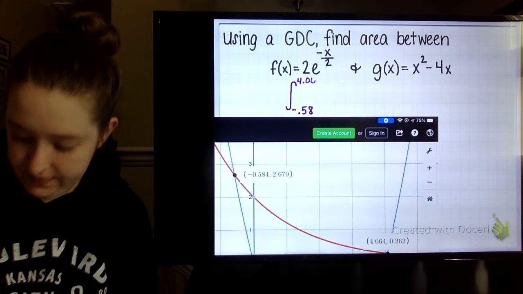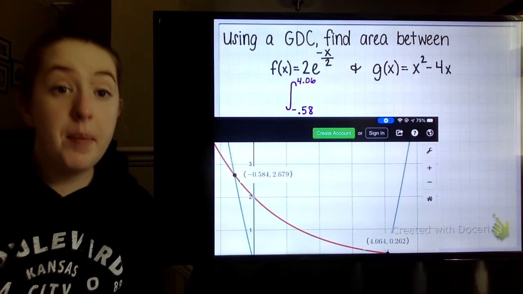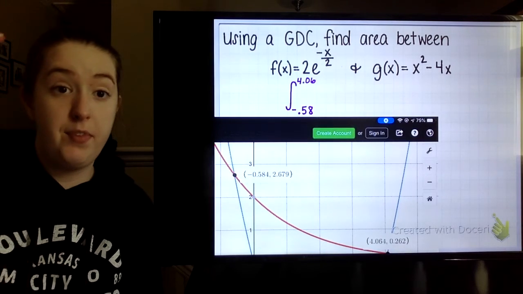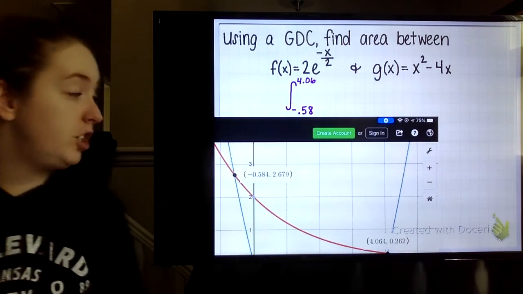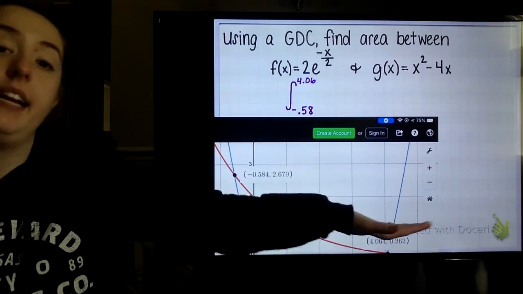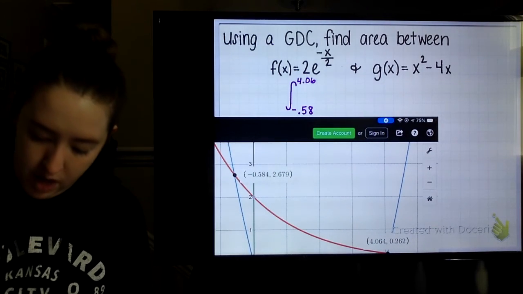4.06. Okay. And then remember, to find the area between the two curves, we have to take the top function minus our bottom function. So remember that top function up here was that red line, and that was my e to the x.